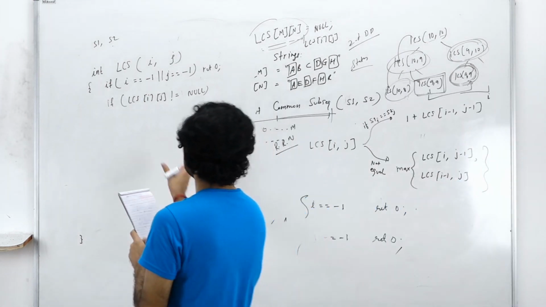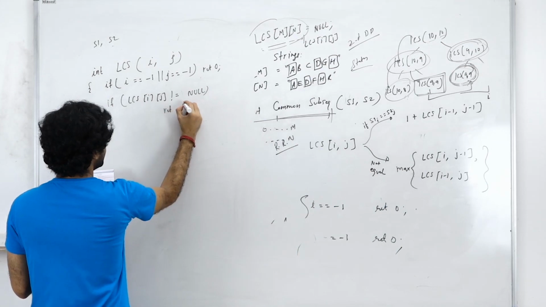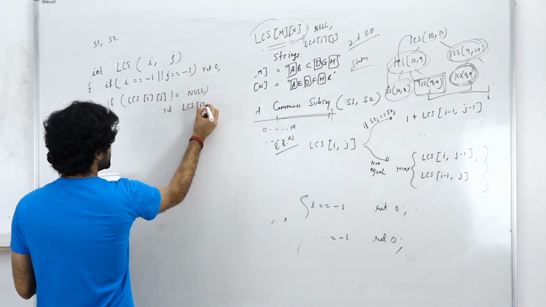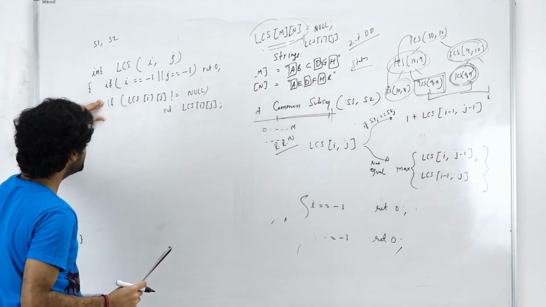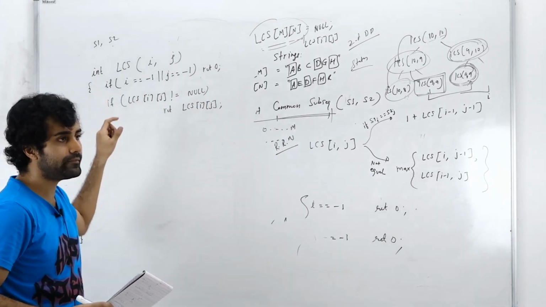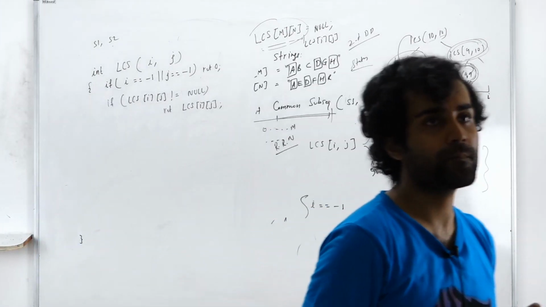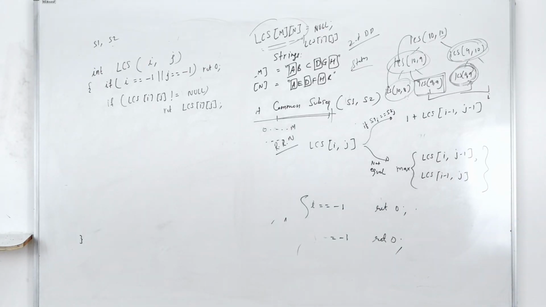I should simply return the value which is stored inside it, which is LCS of i, j. Because why solve it again if this was already solved? So this is the power of memoization. Did everyone get this? Yes or no? Can you type that quickly? Okay, cool. So this is simple.